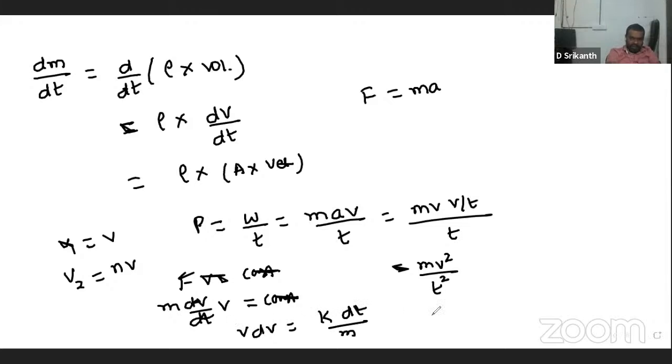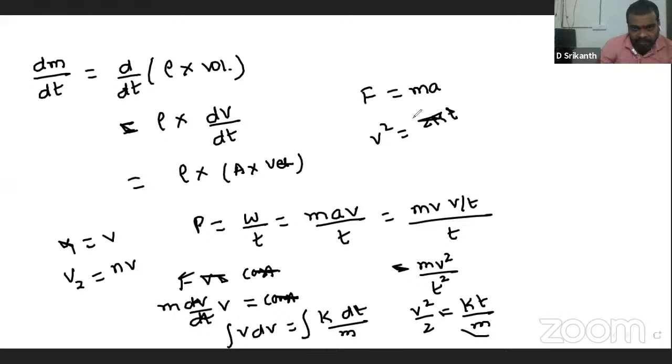Upon integration we get v square by 2 is equal to kt by m, where k is the constant, which is nothing but power. Correspondingly after getting velocity I can find the displacement, that is v square equal to 2kt by m, v is equal to under root 2kt by m.